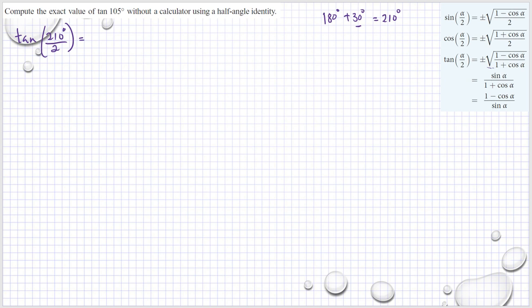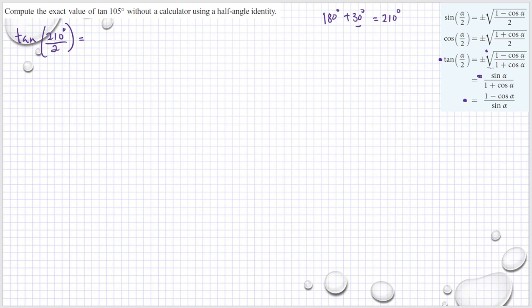So if I'm going to look for my tangent now, I have formulas for tangent, and the easiest that I can use is this one. Why? Because if I use the first one, then I will be dealing with a lot of squares in my denominator.